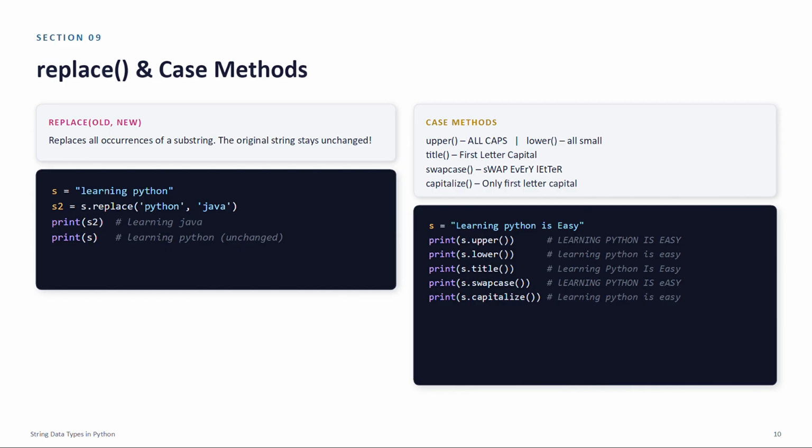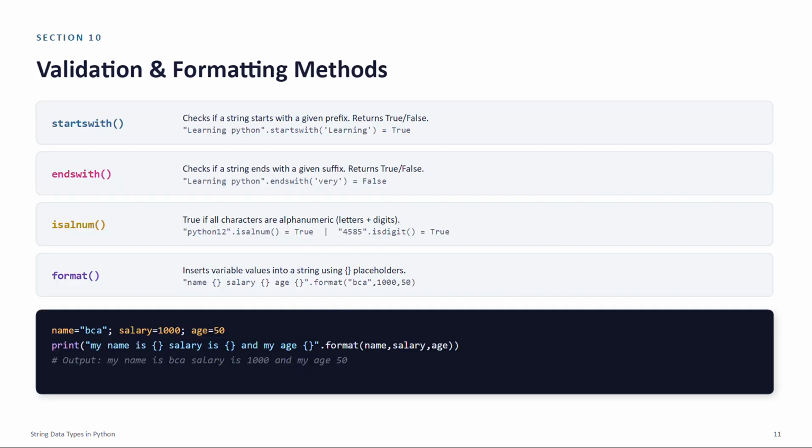So let's start with the next topic, that is validation and formatting methods. After changing cases, we will see how startswith, endswith, isalnum, isdigit and format work. Startswith helps us check whether a string starts with a given prefix, and it gives the output in the format of true and false.